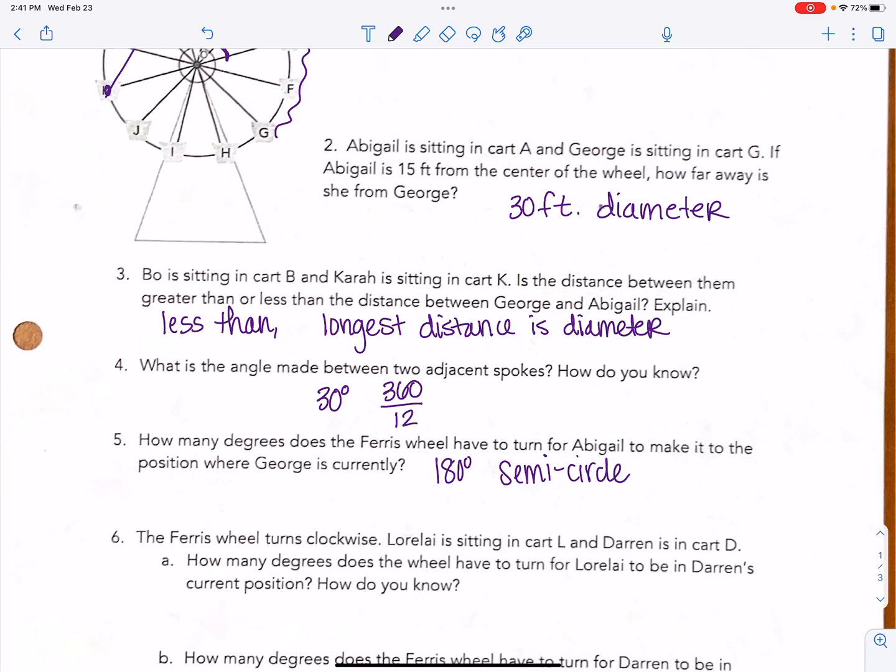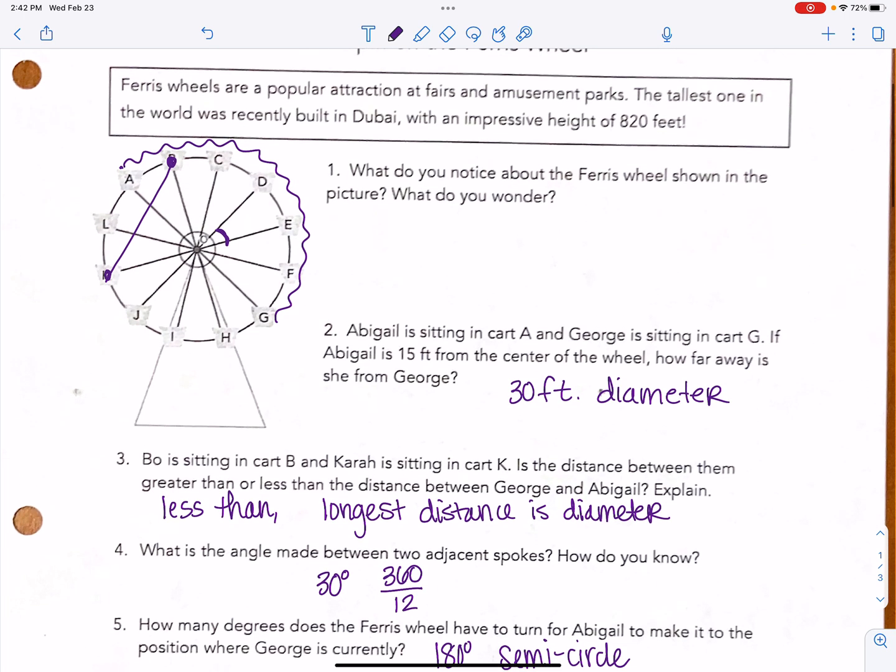Then it says, the Ferris wheel turns clockwise. Lorelai is sitting in cart L and Darren is in cart D. How many degrees does the wheel have to turn for Lorelai to be in Darren's current position? How do you know? So now we're going to be trying to go from L, which is here, to D. Well, if we know that every time we go one seat, we're going 30 degrees, that's 4 times.